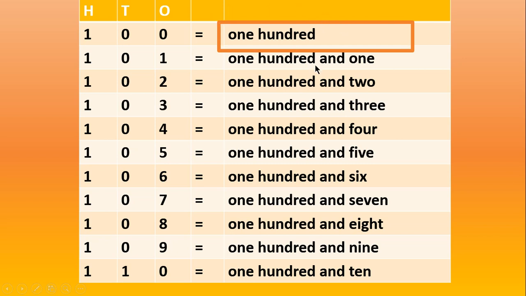So I think you are capable of writing 101, 102, 103, 104, 105, 106, 107, 108, 109 and 110. Very nice. So, are you ready to move on? Let's move on.